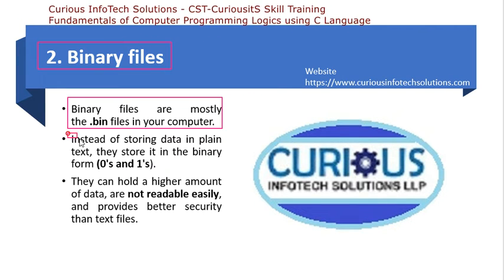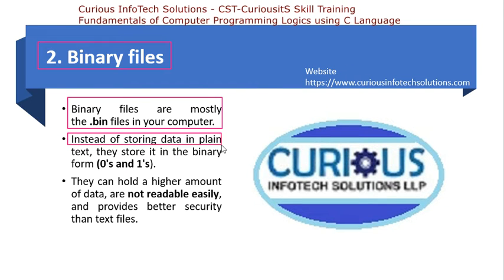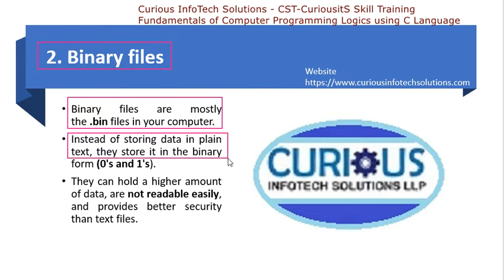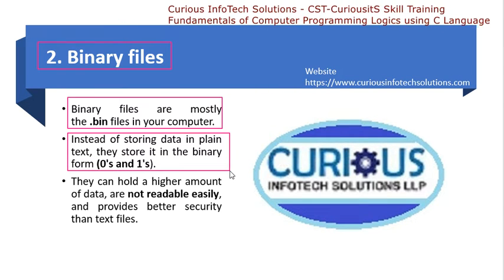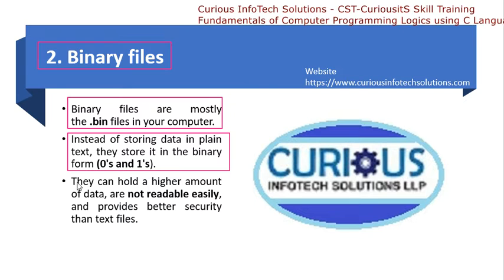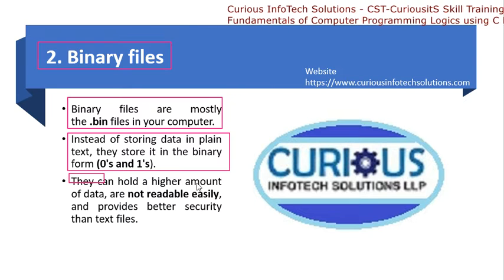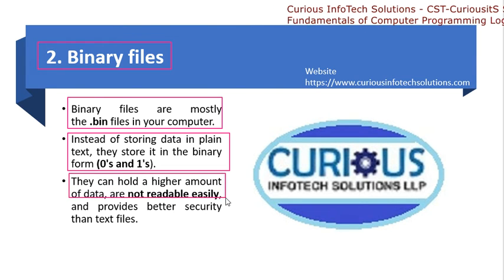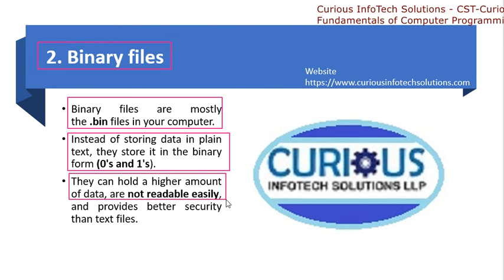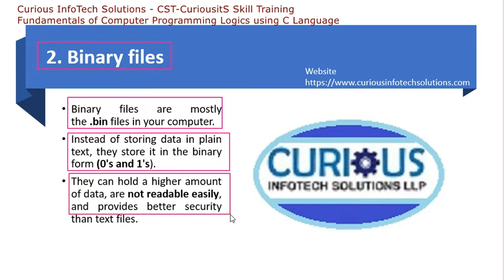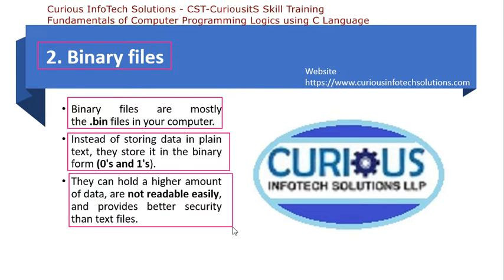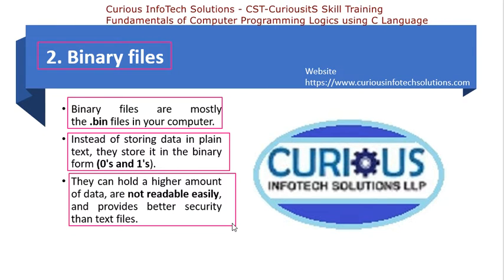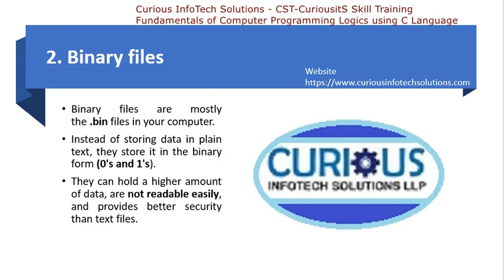Now instead of storing data in plain text, they store data in binary form, that is 0, 1. They can hold a higher amount of data, are not easily readable, and provide better security than text files. So these are the importance of our binary file.